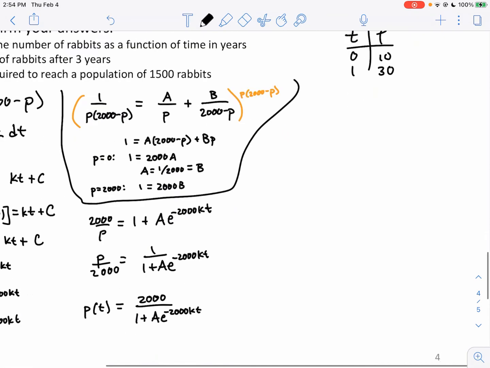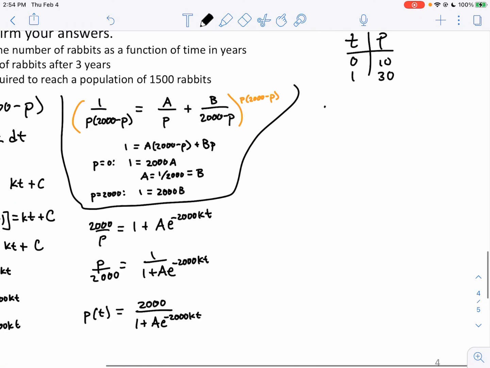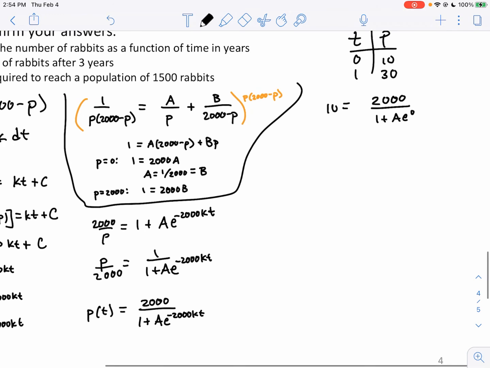So let's plug in the 0, 10 first. So 10 goes in for the population at the same time that we plug in 0 for t. So that's just going to be 1 plus a down there. So I'm going to multiply 1 plus a to this side and divide the 10 to the other side and subtract the 1. So we get 199 as a.